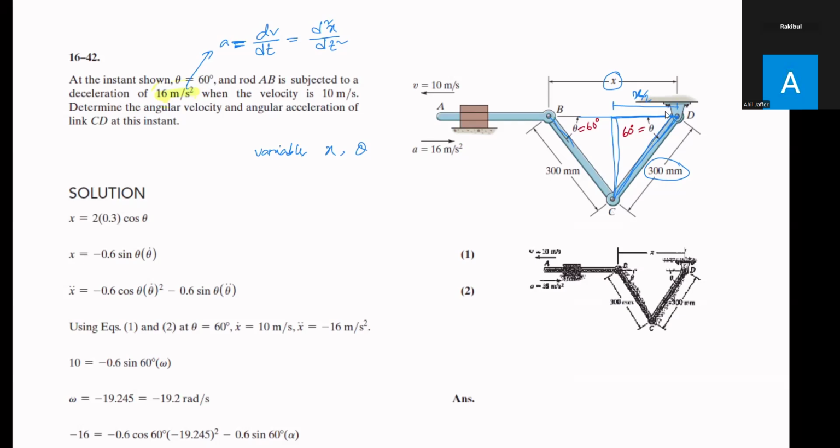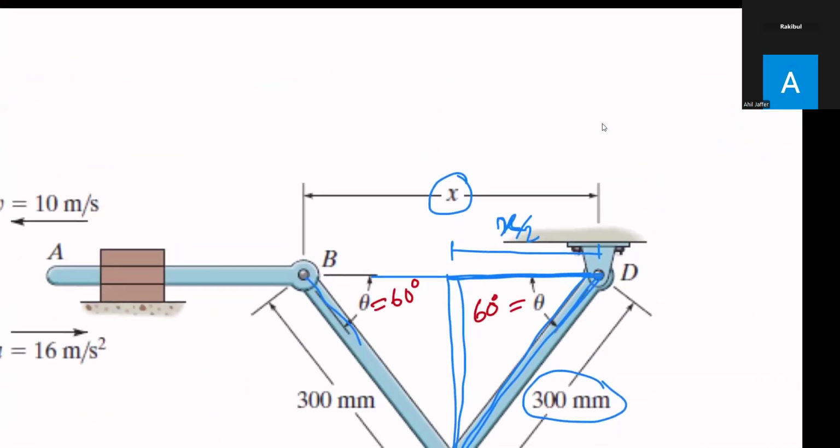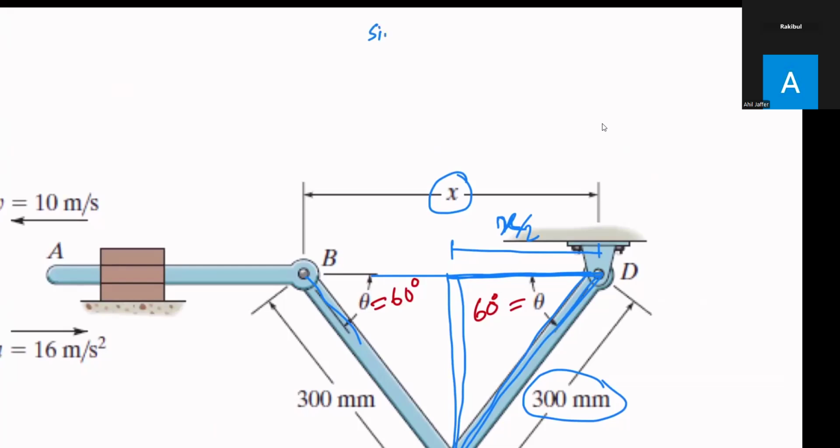which formula will we use? Cos theta, sin theta, or tan theta? Do you remember the formula for sin theta for a right angle triangle?